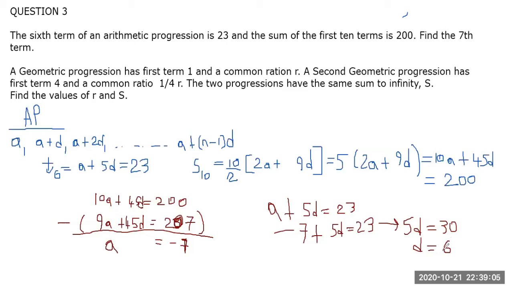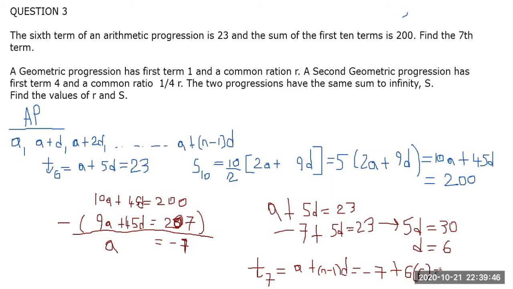So now that I've found the first term a is negative 7 and the common difference d is 6, the question wants the seventh term. So the seventh term, I like to call it T7, is going to be equal to a plus (n minus 1) times d, where n is now 7. So a is negative 7 plus (7 minus 1), which is 6, times d, which is 6.